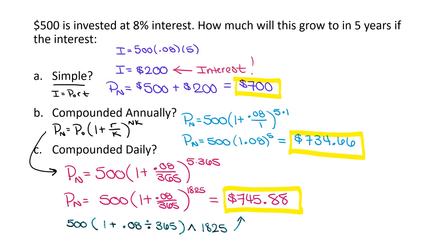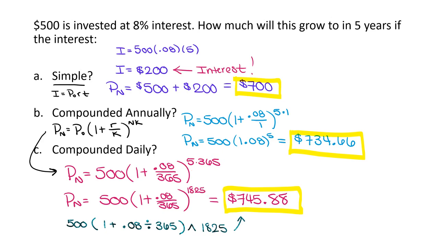Now, to avoid rounding errors, I think it's a good idea to try to type as much of this into your calculator at once. And many calculators do have parenthesis buttons that you can use. So when I put this in my calculator, the only thing I did ahead of time is I did go ahead and compute 5 times 365, and I got that 1825 for my exponent.